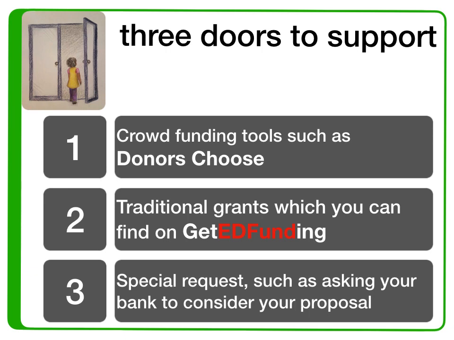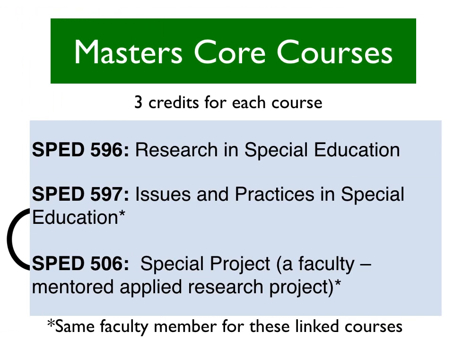Okay, so I want to clarify that the master's core courses, this is SPED 596, it's called a few different things, but it's basically research and special education. This class is called Topics in Research and Special Education. But the gist of it is that this grant proposal is different and separate.